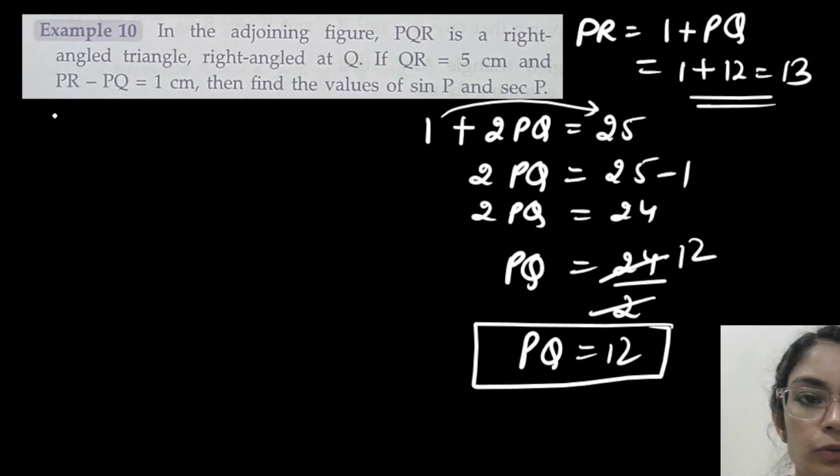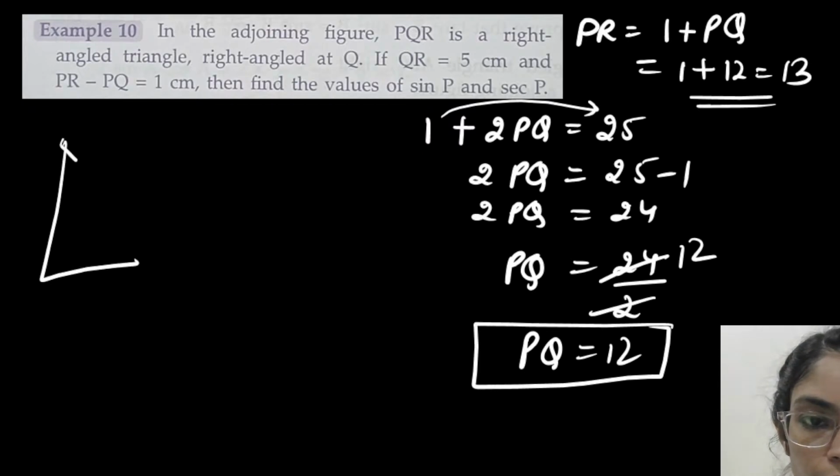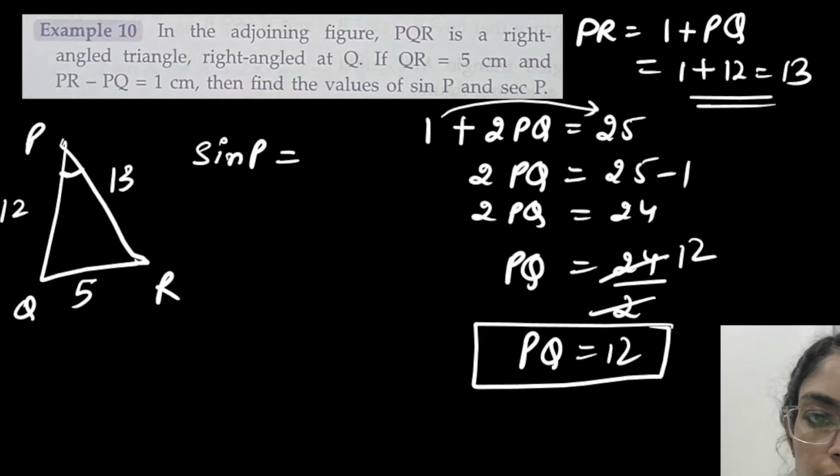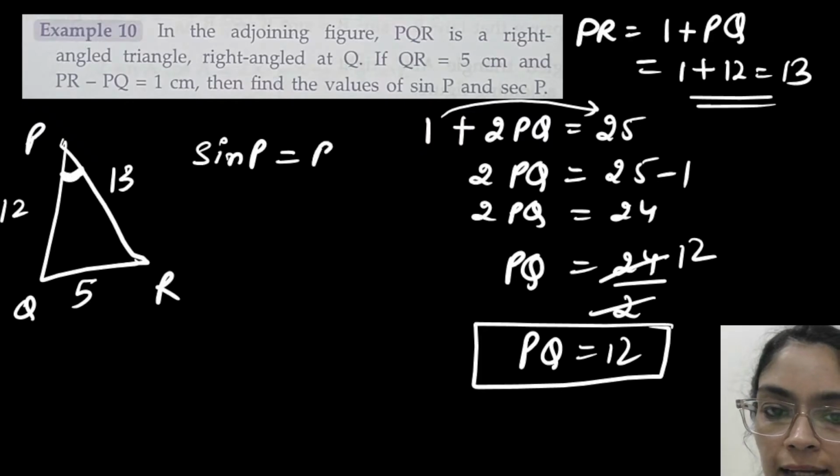So I'll just draw the triangle, because we need the angle. So this is PQR. PQ we found as 12, PR we found as 13, and this is already given to us as 5. So what we have to find? Sine P. See here, I have highlighted angle P. Sine's formula is perpendicular by hypotenuse.